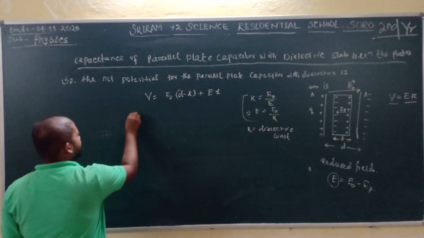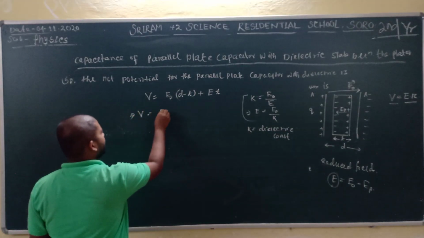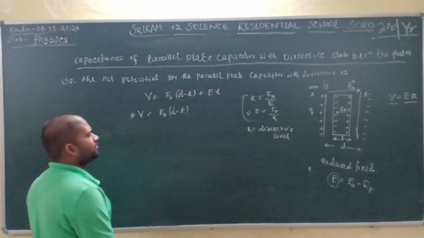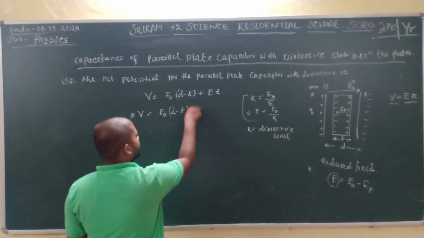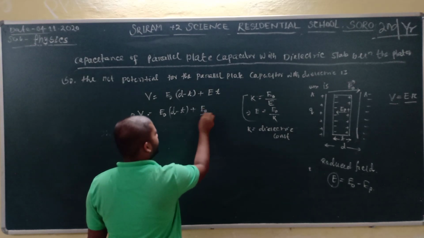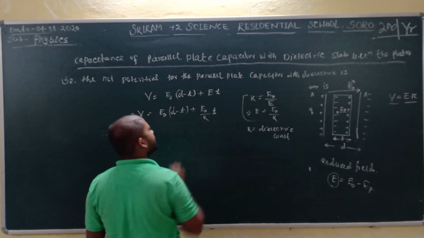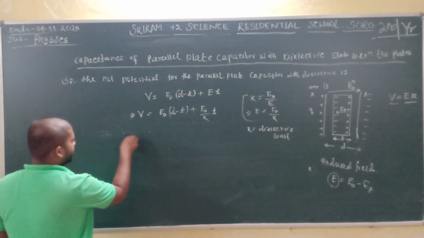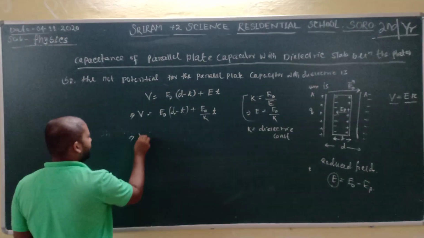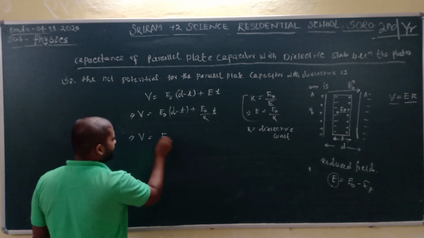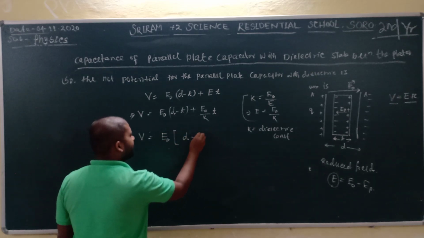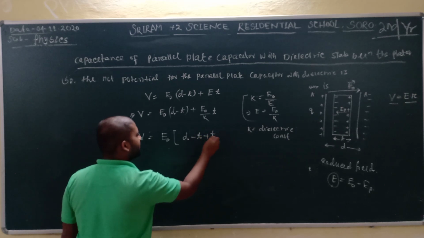That is why the potential V equals E naught times d minus t plus E0 divided by K into T. Okay. So, we can take a common E0, so that will be E0 times d minus t plus T divided by K.